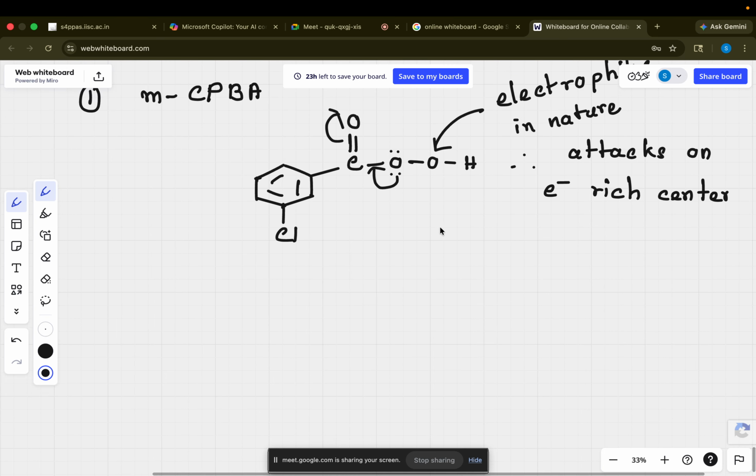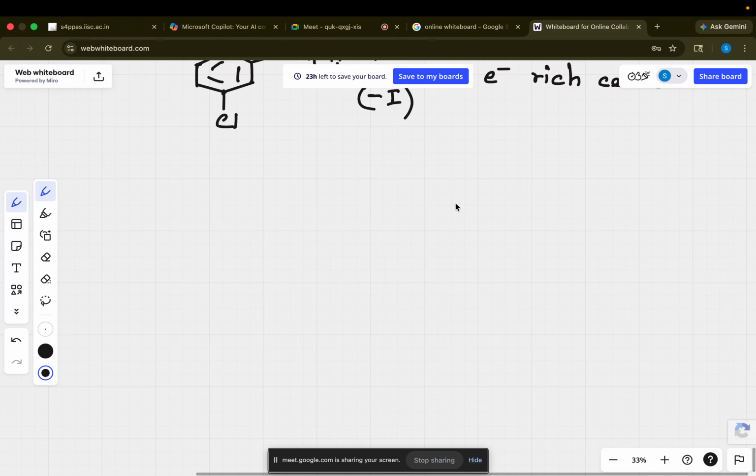It will show only a minus I effect, not a plus M or plus R effect, because it is not in conjugation.